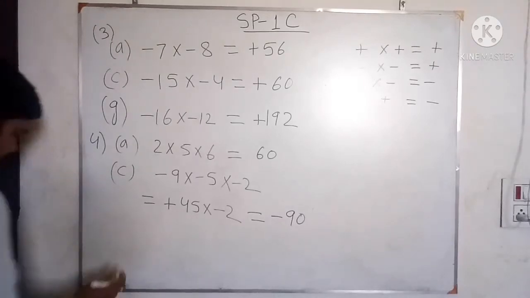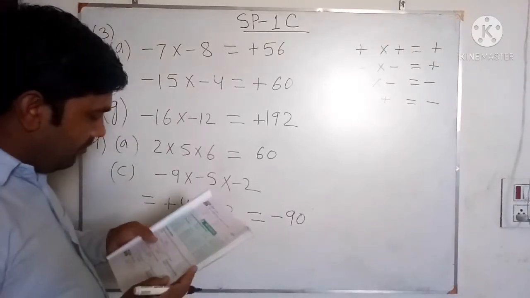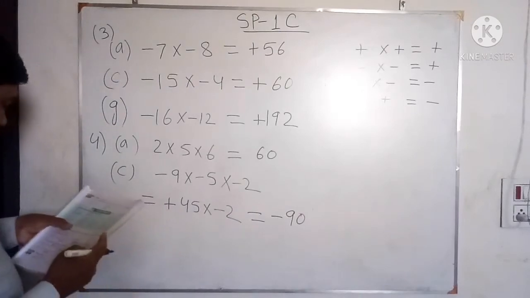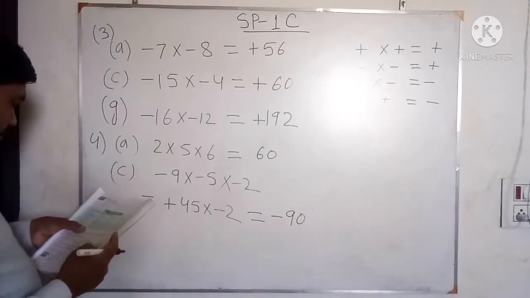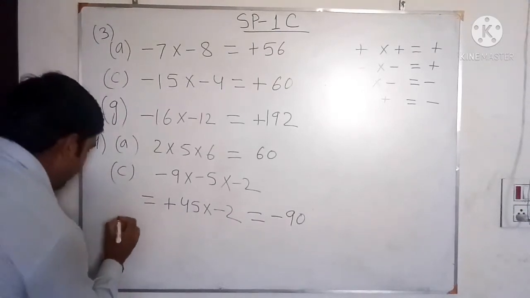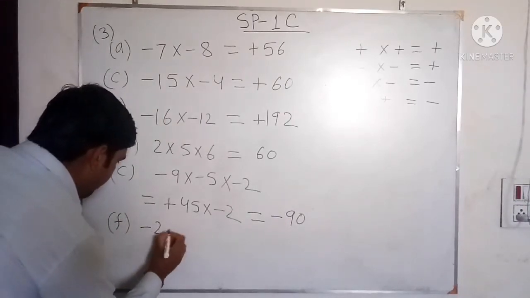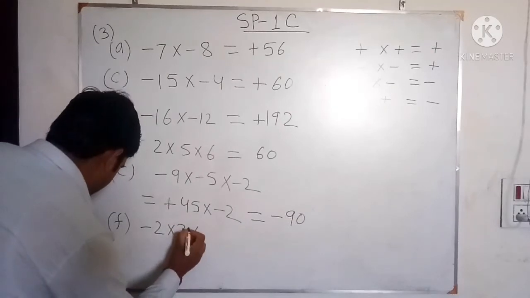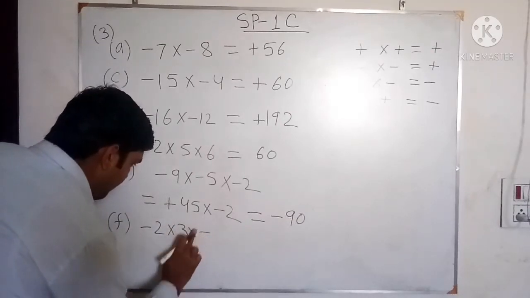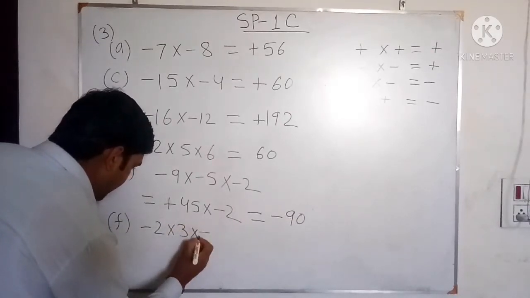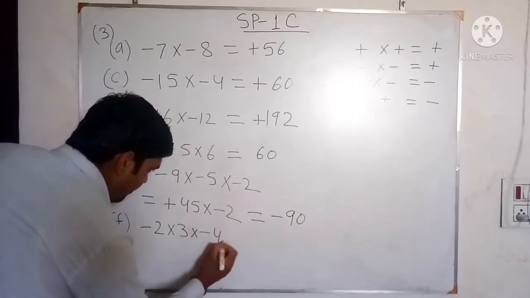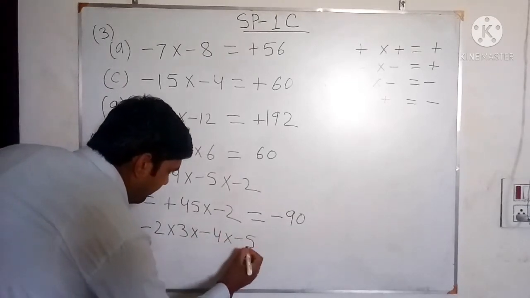Next question we see. Question number 4f. Minus 2 multiply 3, minus 4 multiply minus 5.